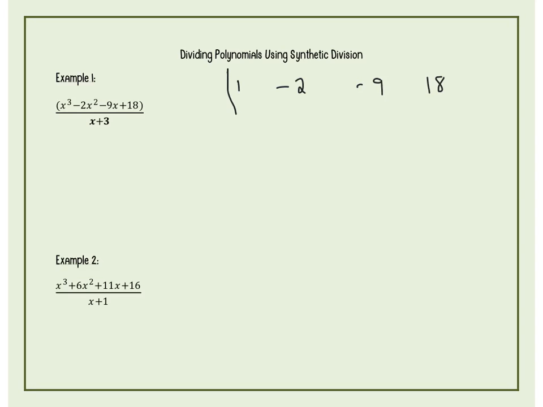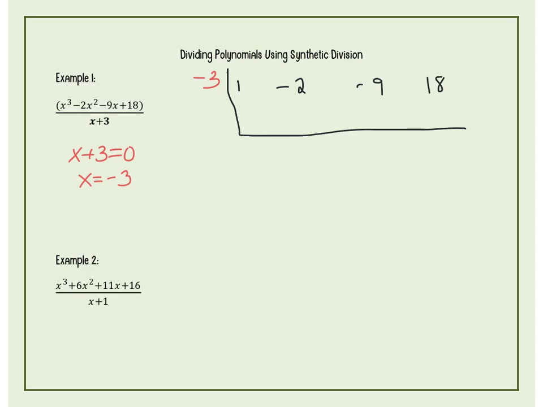And then I write this box around them. Those are from my numerator, and it's all the coefficients, and we look at the exponents in descending order. The next step is to figure out what number goes on the outside. Well, we take our denominator and set it equal to 0. So then x is negative 3, and that negative 3 is the number that goes on the outside.